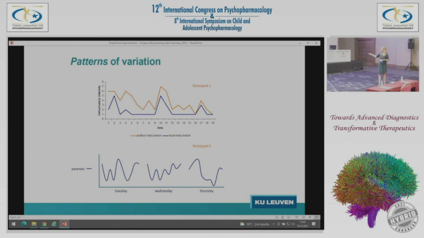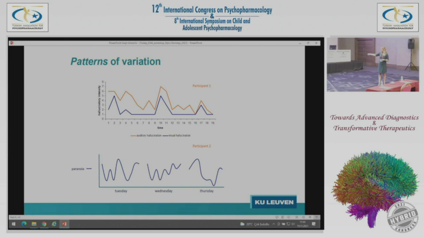This is one participant, on a Likert scale of 1 to 7. There are moments when there are no hallucinations present, but also moments when they are quite high. Also in paranoia, we see really big variation, from not being present at all to very intense moments. This is just within one day.